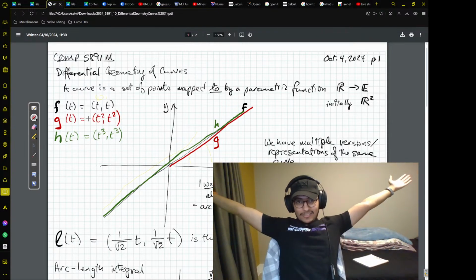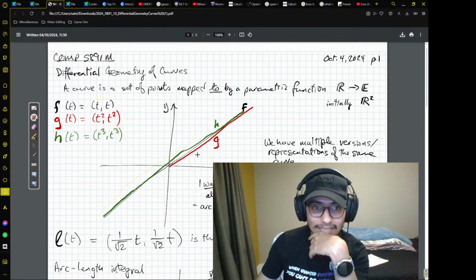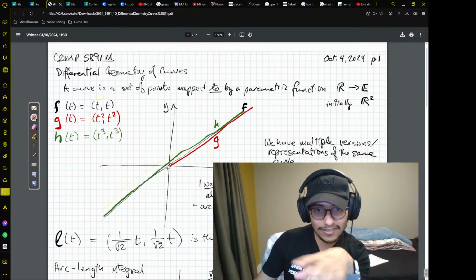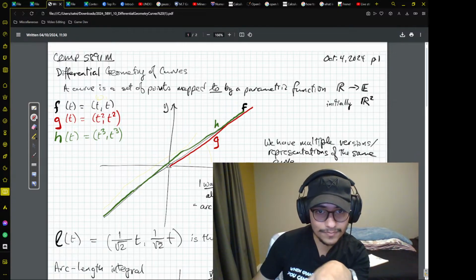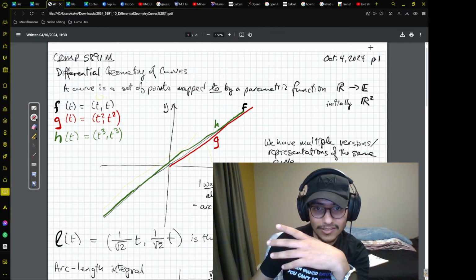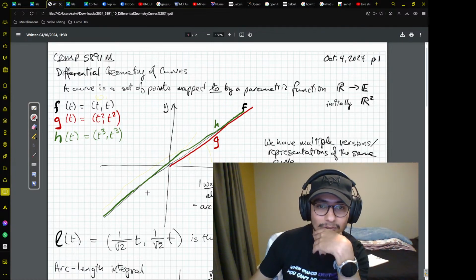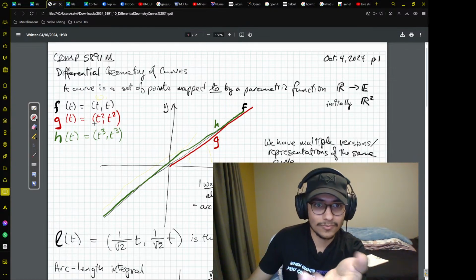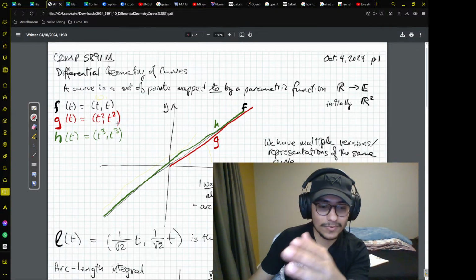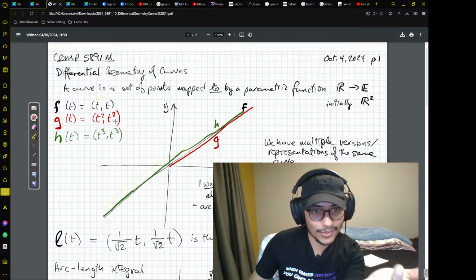And g of t equals t squared comma t squared. In that case you get the g line, and you can notice that it starts from the origin and goes towards infinity, and you have no points on the negative side. Because if you put t equals -1, you get -1 squared comma -1 squared, which gives you 1 comma 1.